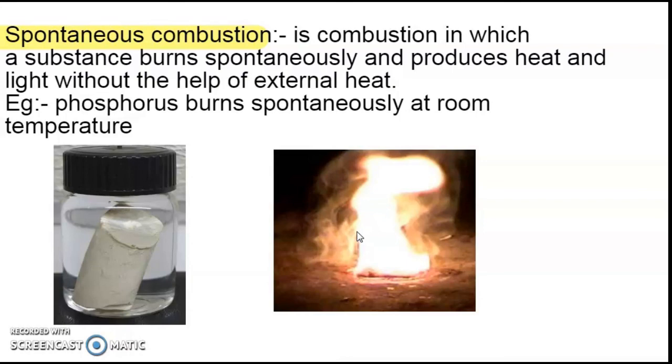It doesn't require any external heat. As soon as you put it in air, it will catch fire. Same for sodium metal. As soon as you put it in water, it will catch fire. Such combustion in which heat is not required but the substance burns spontaneously is known as spontaneous combustion.